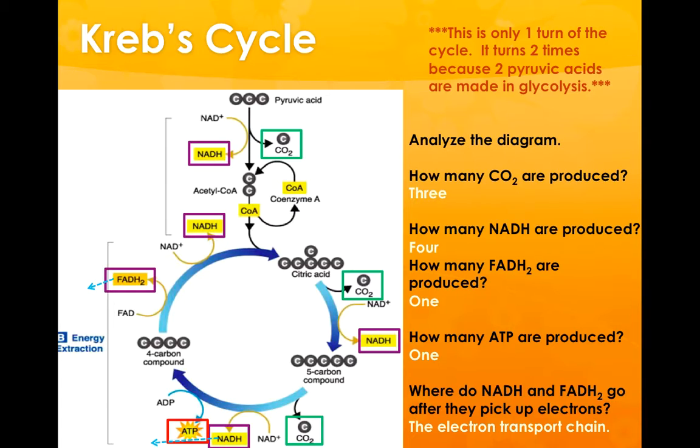One more time, you probably want to write it down: the main reason the Krebs cycle happens is that NADH and FADH2 are energy electron carriers that are going to carry those electrons to the electron transport chain to make ATP. So see, NADH, FADH2 to the ETC, they're going to go make lots of ATP.